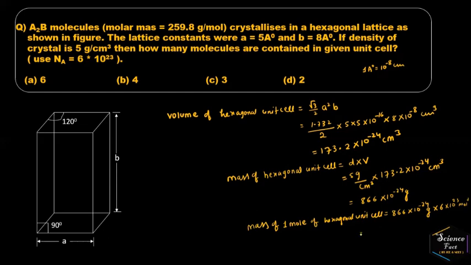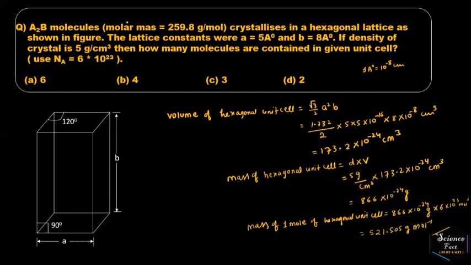So we will get the mass of 1 mole of hexagonal unit cell equal to 521.505 gram per mole.